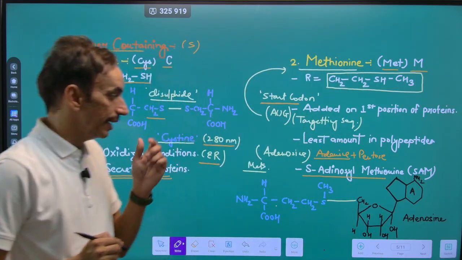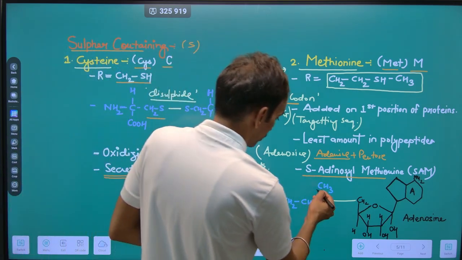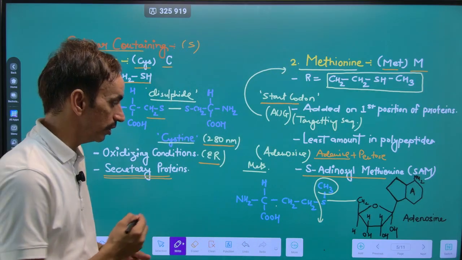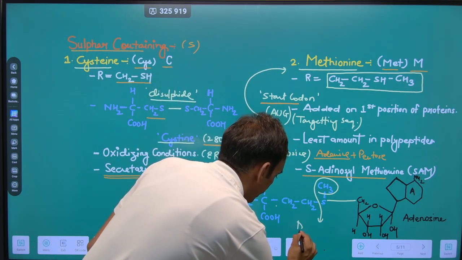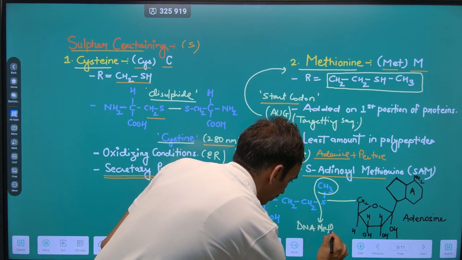Now this S-adenosyl methionine will act as a methyl donor, and also helps in the process of DNA methylation. आगे बात करेंगे अपन इसके बारे में.